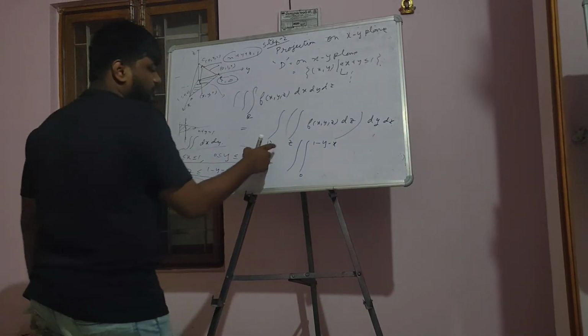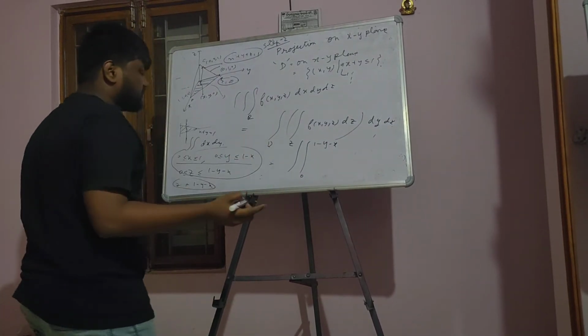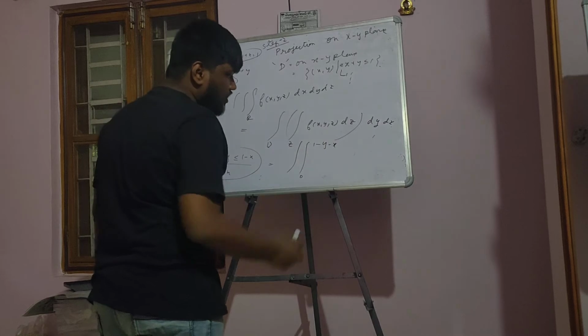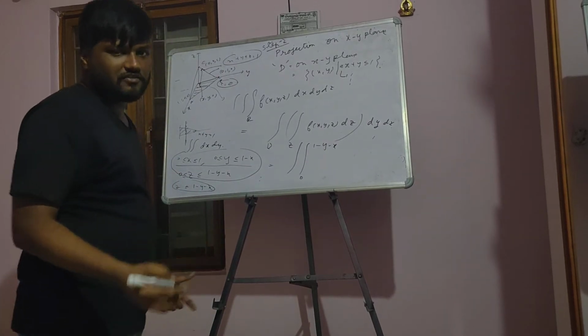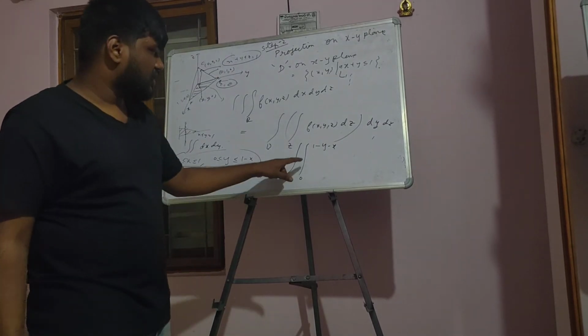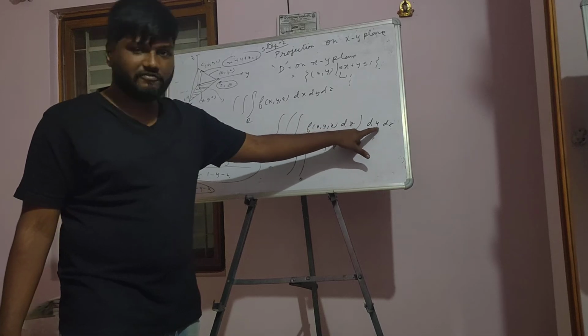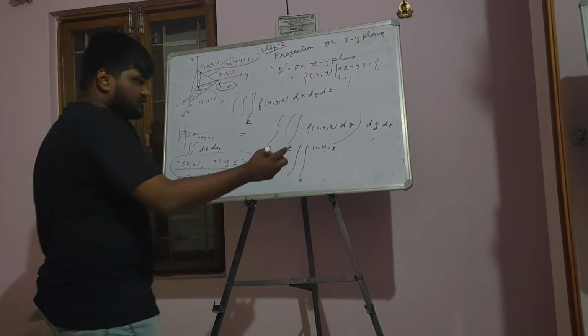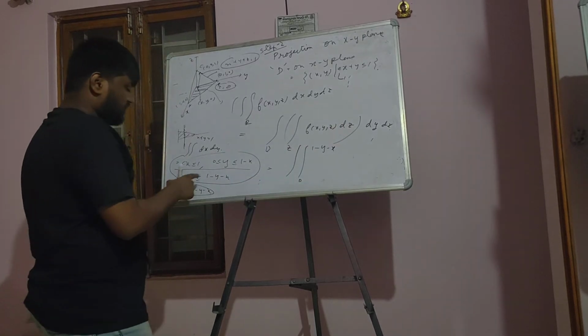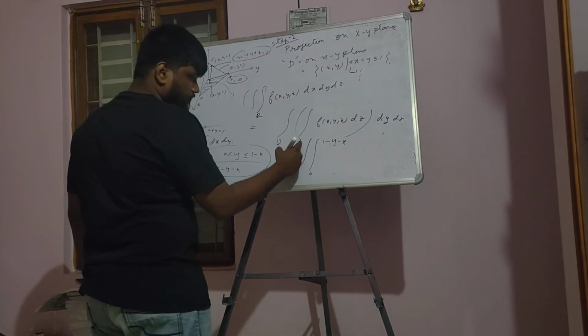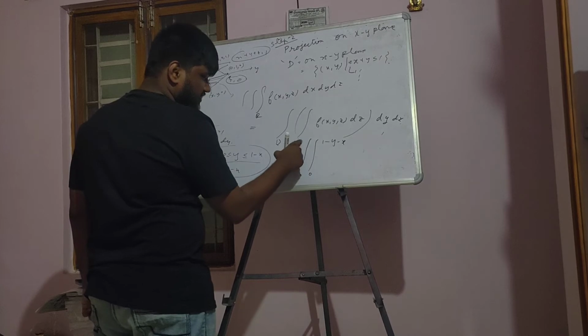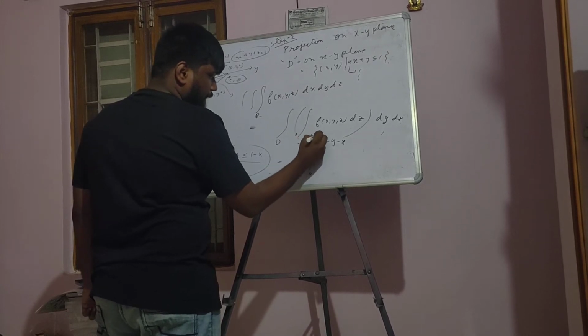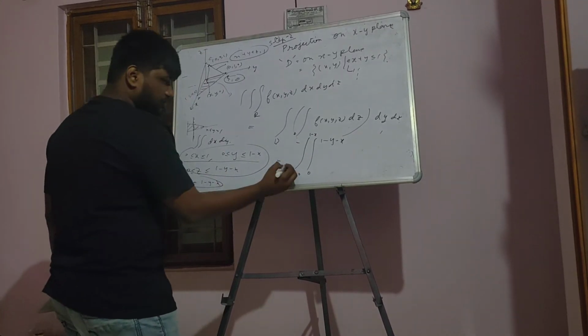As I said, D is a two-dimensional plane region, and we know how to compute the double integral for a two-dimensional plane. You can use either dx dy or dy dx, whatever suits your case. In this case, we can choose dy dx, so y is from 0 to 1 minus x, and x is from 0 to 1.